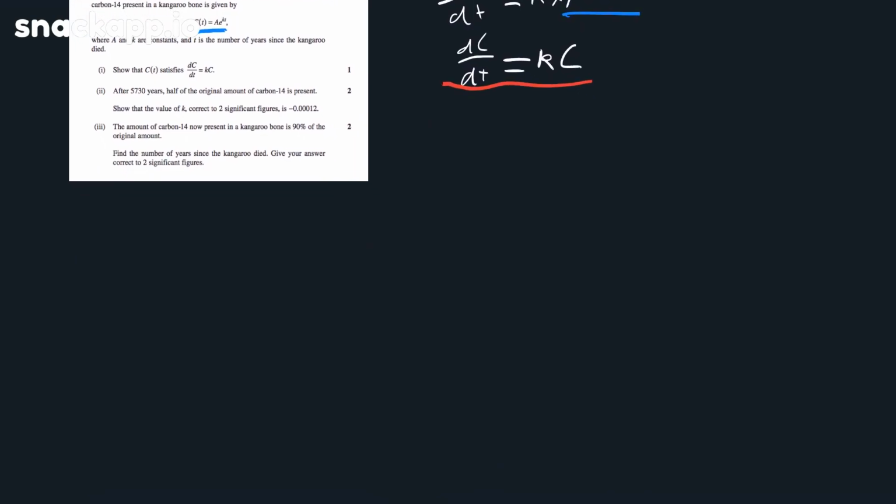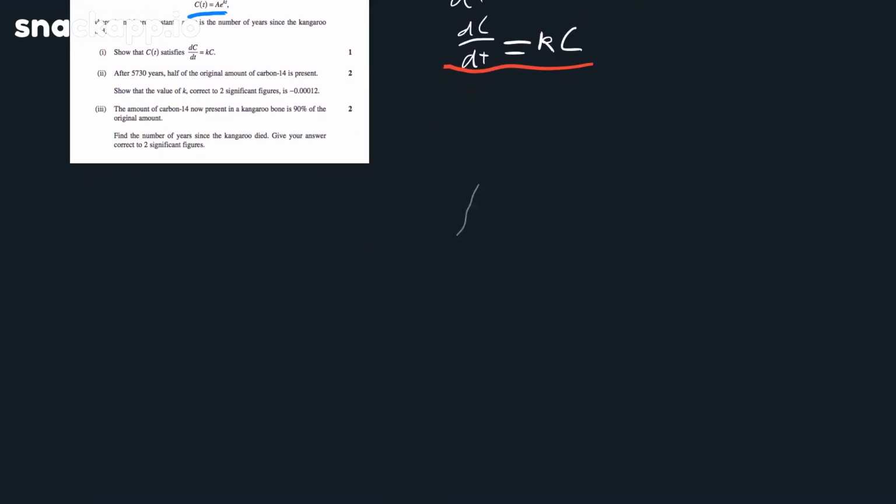Now for part II, they've given us some specific numbers to fill in our equation and work out what k and A are. It's saying that at T equals 5,730 years, half of the original amount is there. So we can say that C is equal to A on 2, A being the initial amount divided by 2.